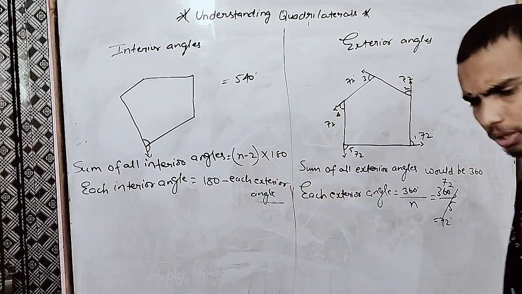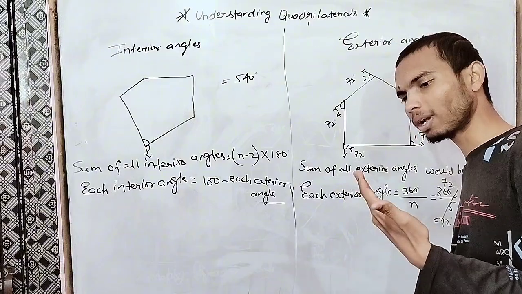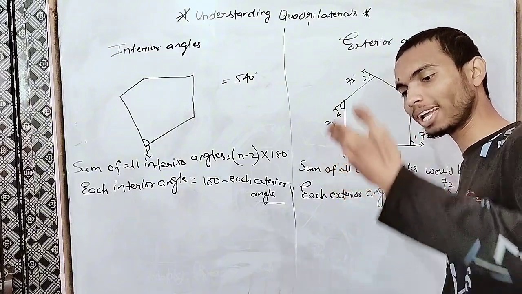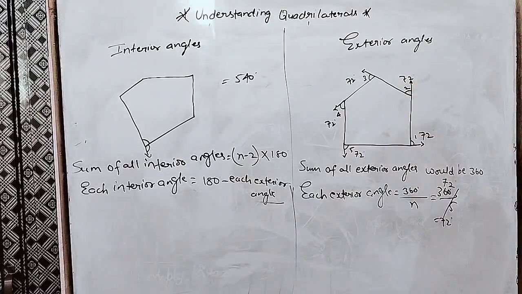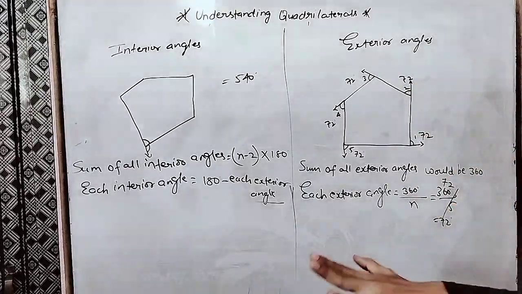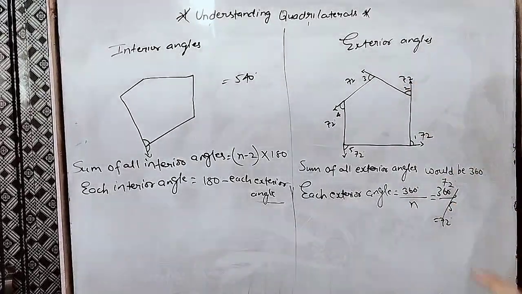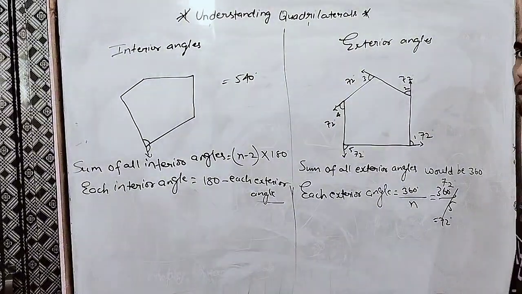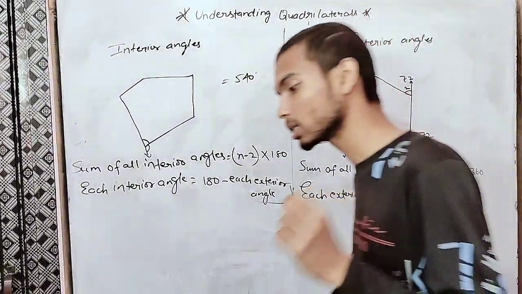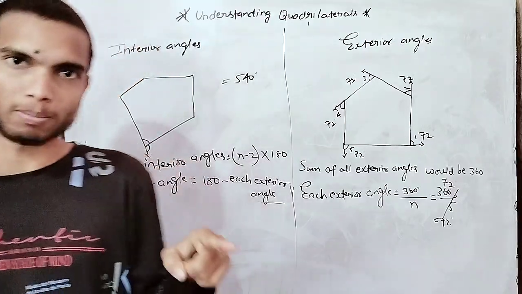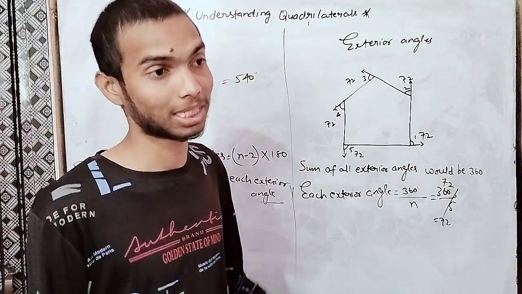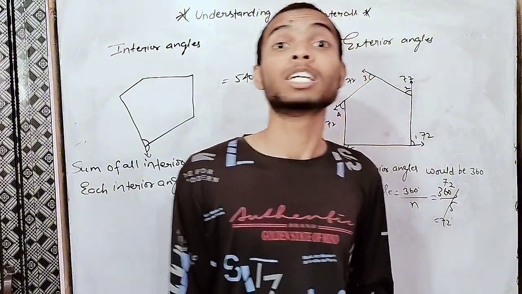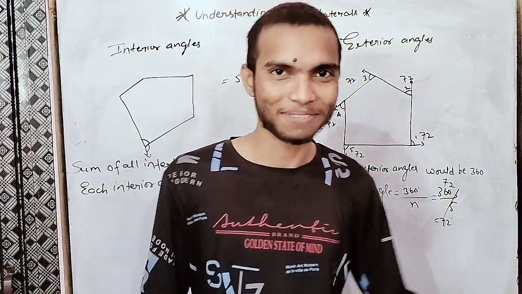If we want to find the value of only one exterior angle, then we divide 360 degrees by the natural number, which means the number of sides.